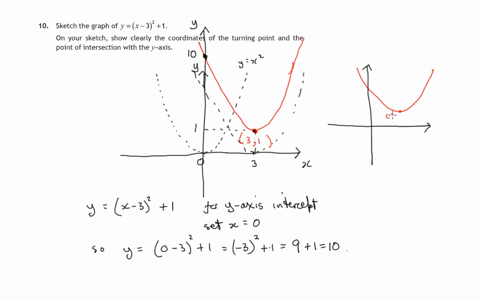So there's (3, 1), and it crosses at the point 10. That's x, that's y, and let's label this. This is a sketch of y equals (x minus 3) all squared plus 1. So that's the title of our sketch. And there's the origin there.